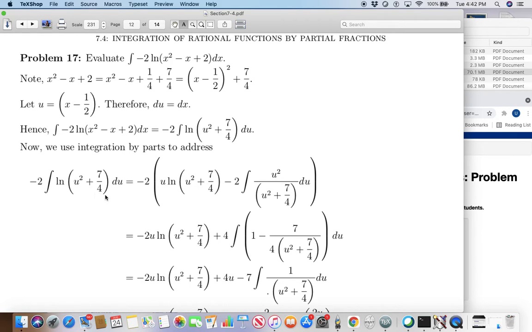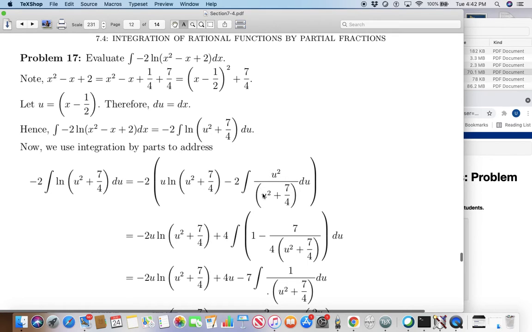Okay, so this integral, mind you, we are now going to use integration by parts. Keep the negative 2 outside. Integral of 1 times natural log u squared plus 7/4. I get u times natural log u squared plus 7/4 minus 2 times all of this.